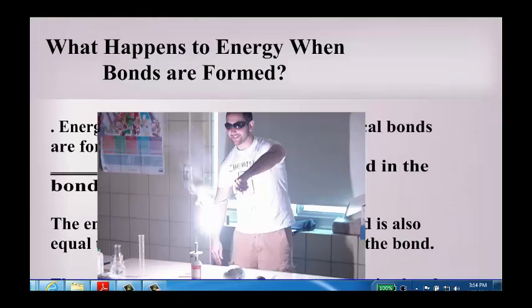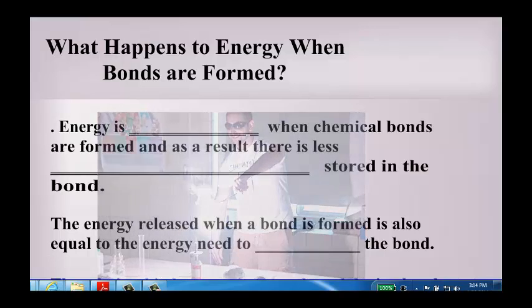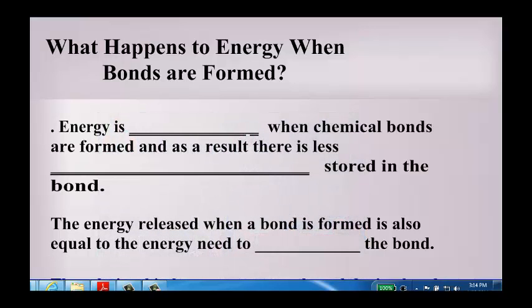All right? What happens to energy when bonds are formed? Well, when we form bonds, we become happier, we become more stable, we have less energy. So when bonds are formed, some of the energy that the atoms had when they were separate is given off, it's released. So energy is released when chemical bonds are formed.